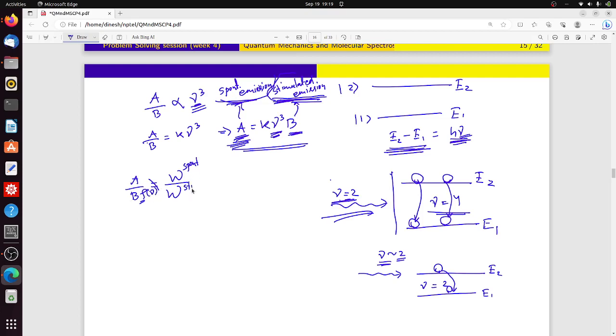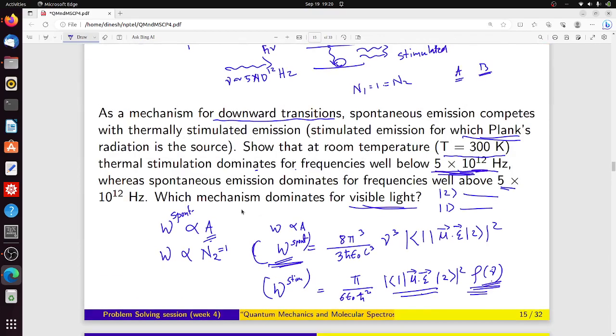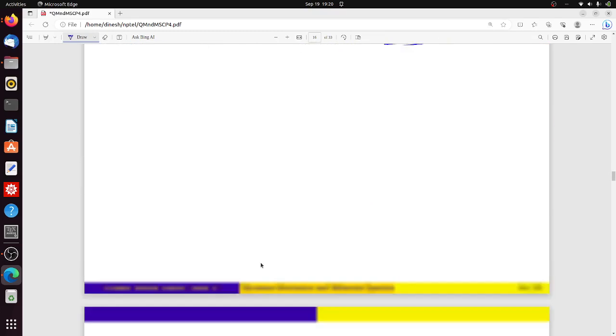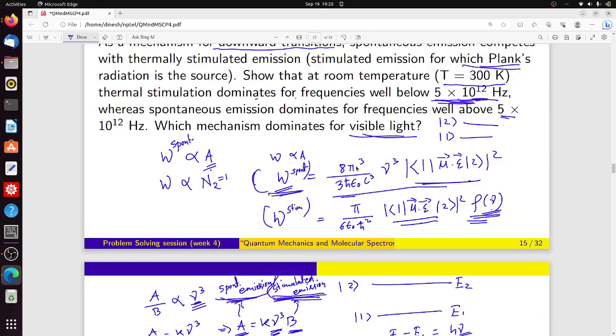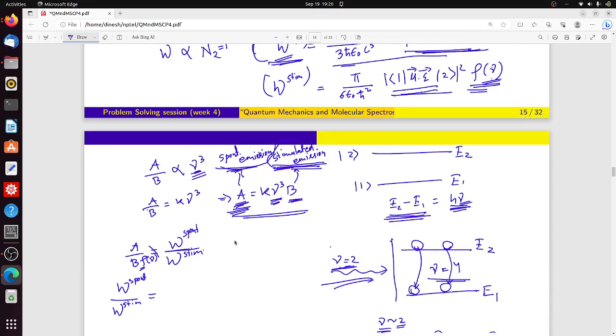So this rate of spontaneous emission divided by stimulated emission will be, so did I write the formula? Yeah, we have to take the ratios between these two, okay. So you see, we don't have to evaluate this because while taking the ratio it will cancel, so we don't have to do this tedious job, okay.